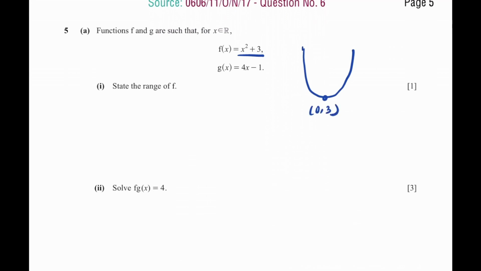So what is the range? Any value of the function will be greater than or equal to its minimum point. So f must be greater than or equal to 3. That is the range of f.